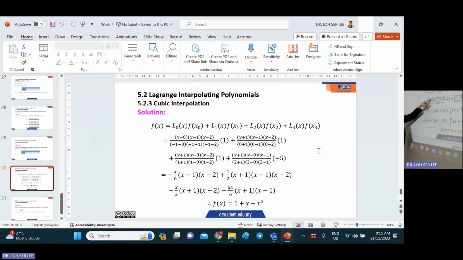But here, you see, you have the x. Since you are asked to get the polynomial function, you can't stop here. You have to simplify the function into a polynomial function, the simplest one. That means you have to expand, and then group those for x cubed, x squared, x, and constant.